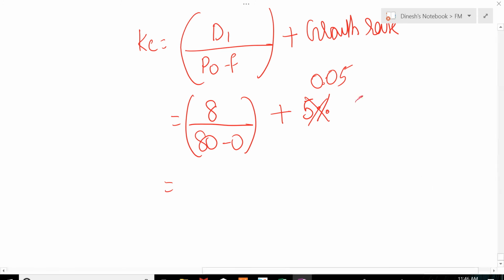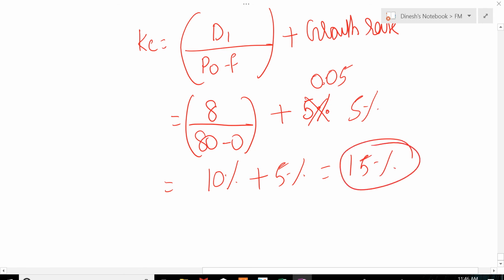Or you leave it as 5%: 8 by 80 is 10%, plus 5% is equal to 15%.